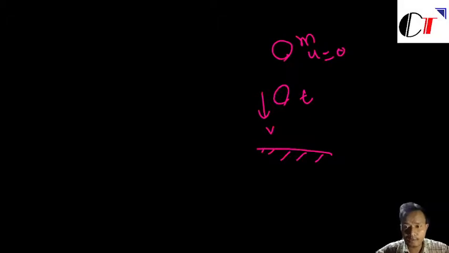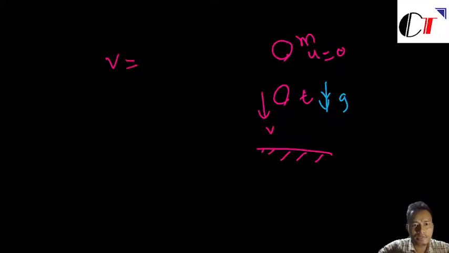And since it is free falling, if we neglect air resistance, then the acceleration of the object is constant and is equal to acceleration due to gravity. And now let's try to get the expression for the final velocity, which is v equals u plus at. So you will have v equals initial velocity plus a t.